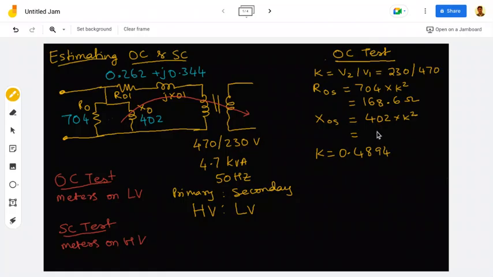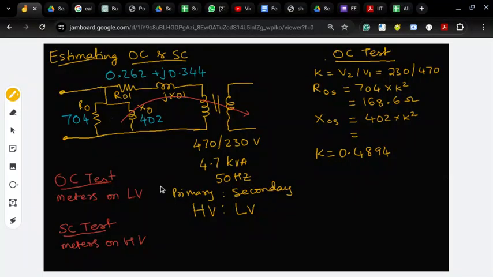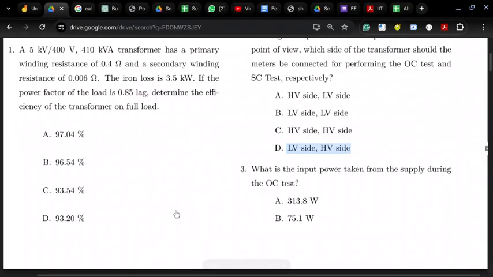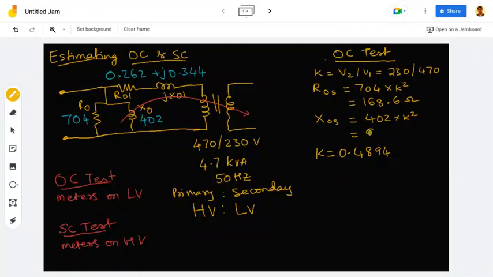Similarly, for this one, I will divide by 704 again, so this will give me back K square. Multiplied by 402, that is 96.27, sorry, 96.27.